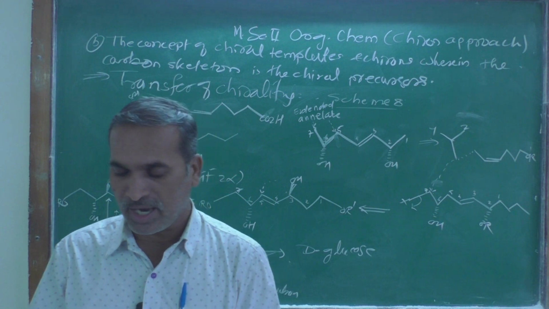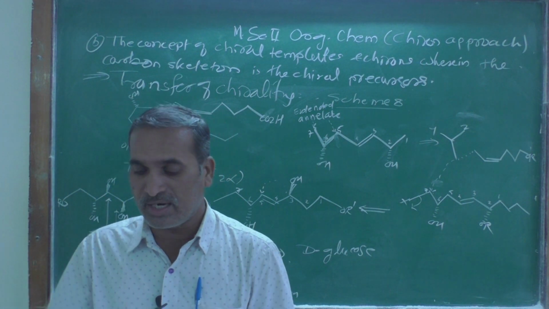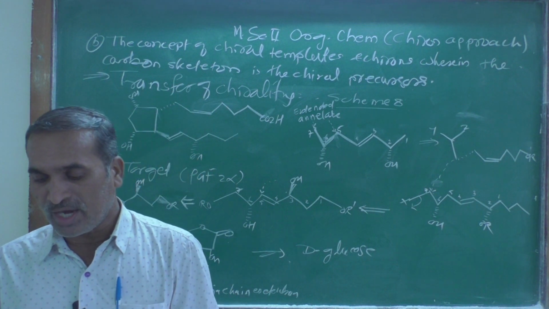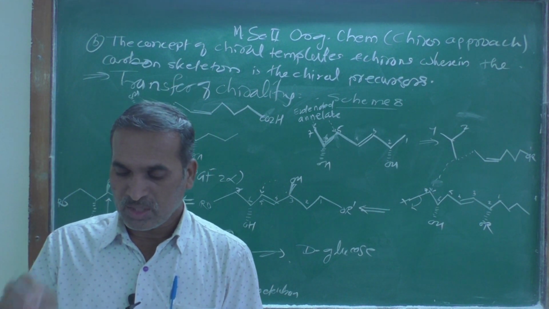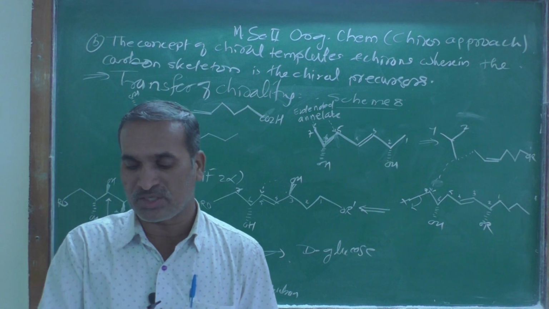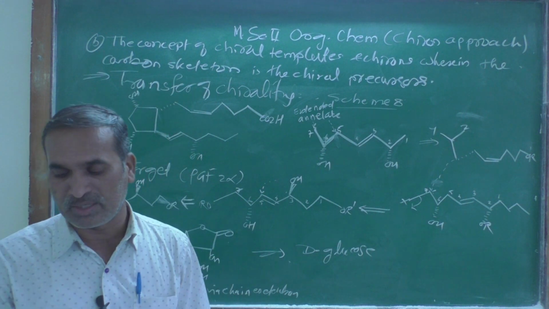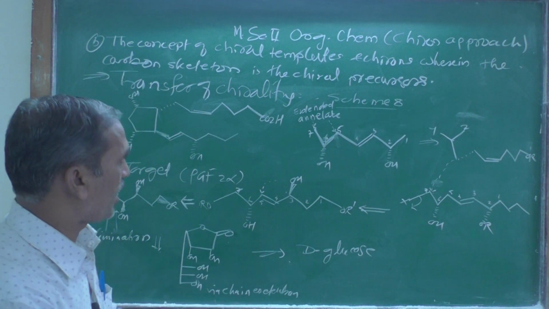And note again how preferential protection provides an ideal derivative which lends itself to chemical manipulation. Ireland's synthesis is another example involving transfer of chirality.